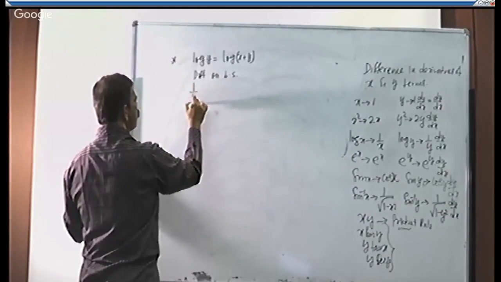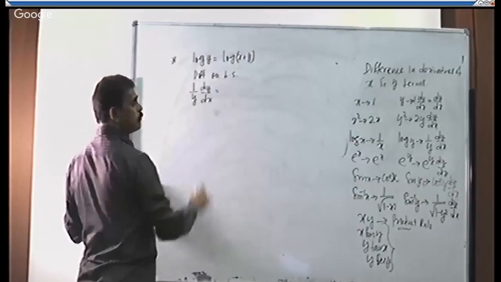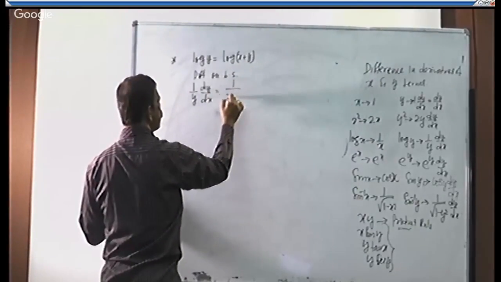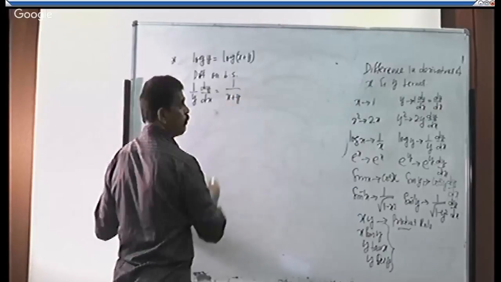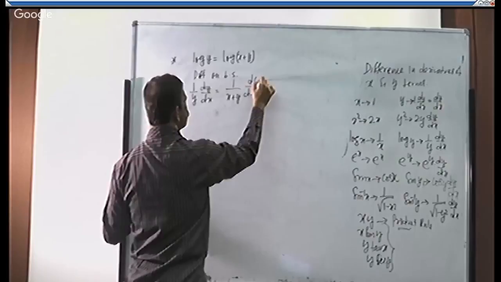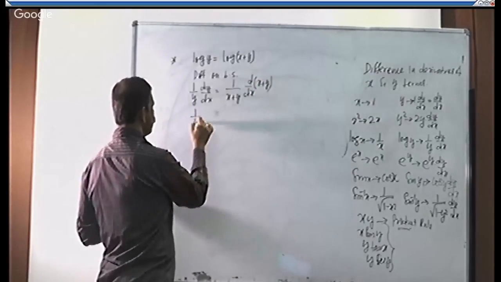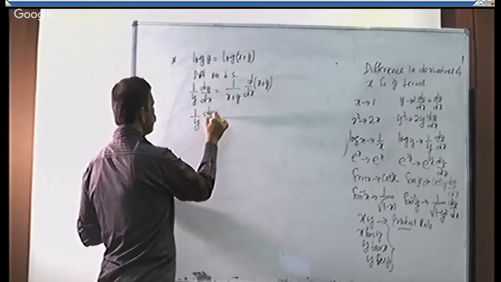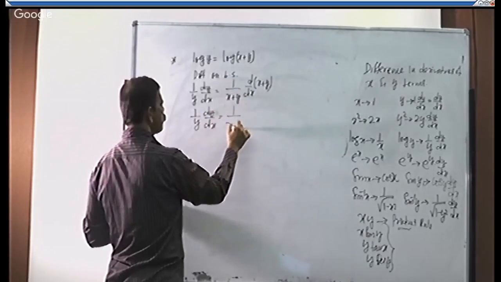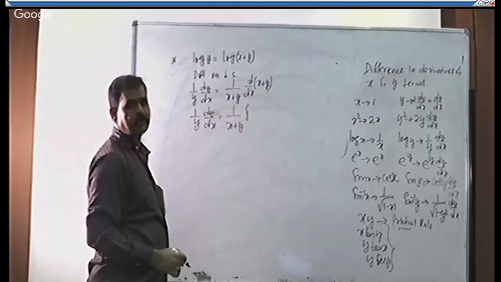For log y, it is 1 by y into dy by dx is equal to, differentiate this, it is log of function, 1 by function into d by dx of function, so 1 by y into dy by dx is equal to, keep this as it is, 1 by x plus y into differentiating x plus y.